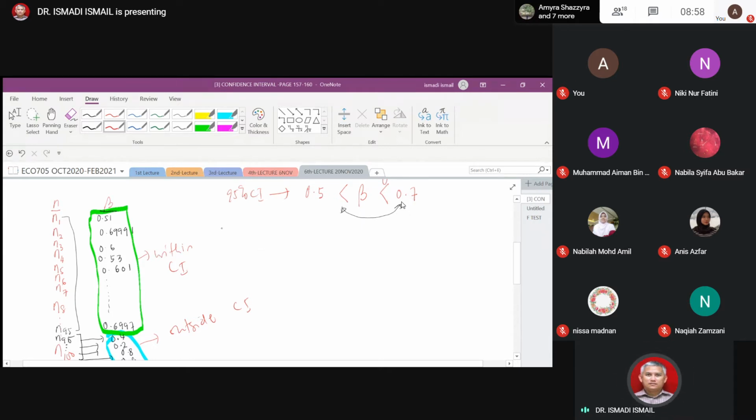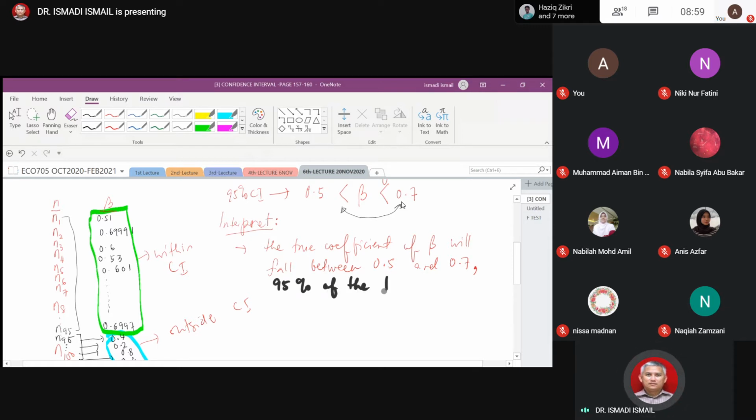So when we interpret the confidence interval, we might say that the true coefficient of beta will lie or fall between 0.5 and 0.7, comma, 95% of the time.